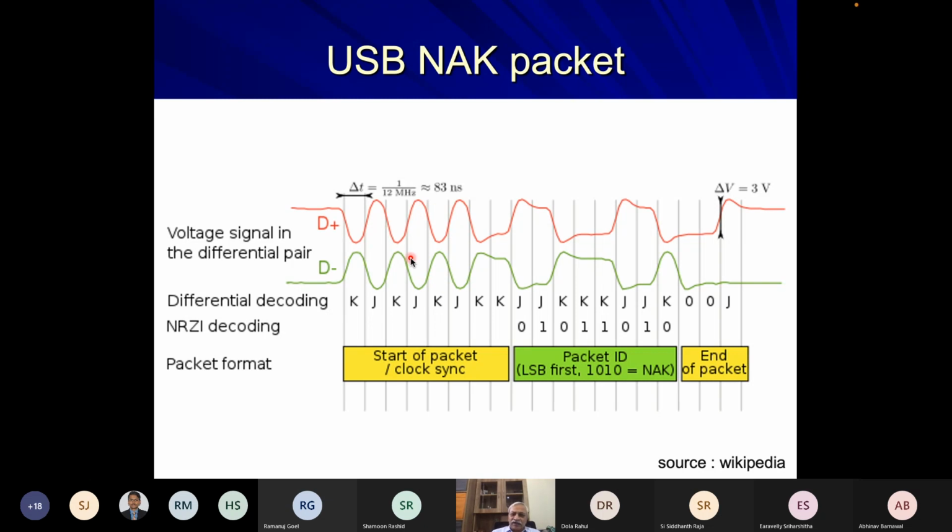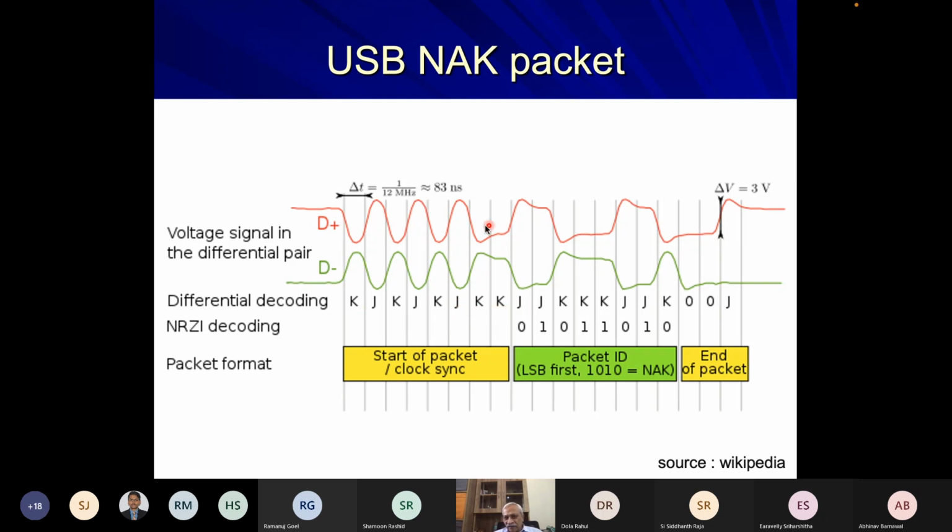So the way it is done is that everything which is connecting on USB will have a clock generator, but that needs to be kept in synchronism. So looking at this signal, which is clearly indicating a periodic set of changes, the clock generator would synchronize with it.